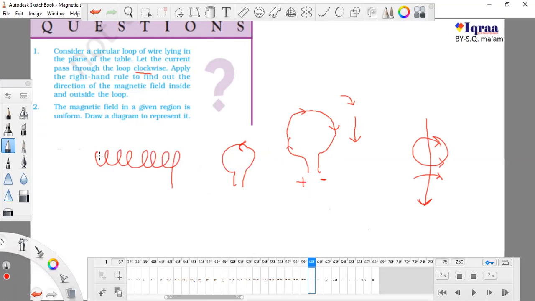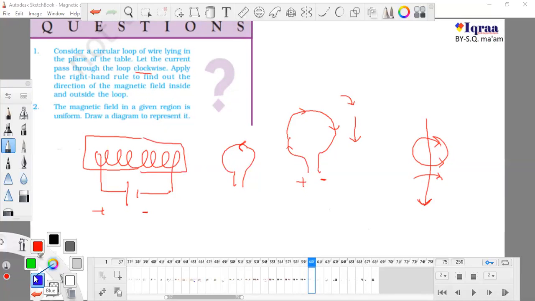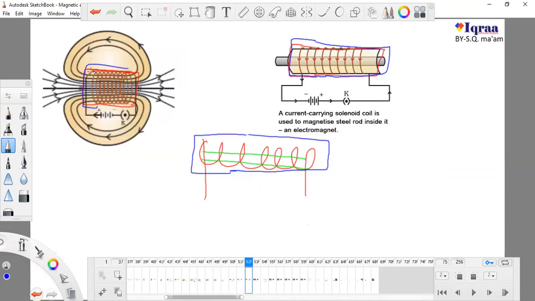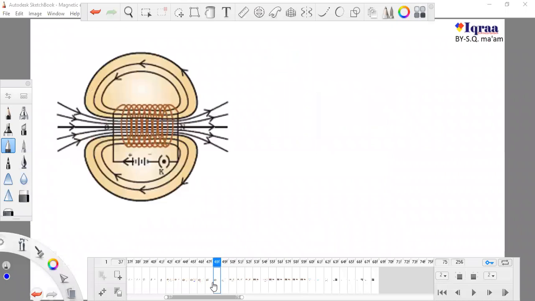In this diagram, the amount of magnetic field lines is equal. The lines deviate and the amount changes when they cross the area, but this region has the same amount of magnetic field lines.